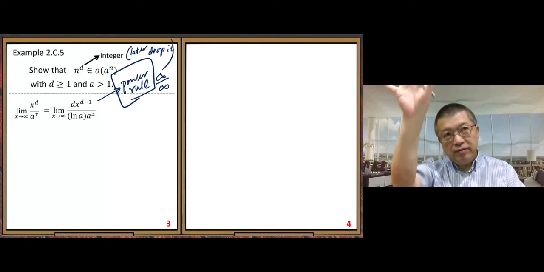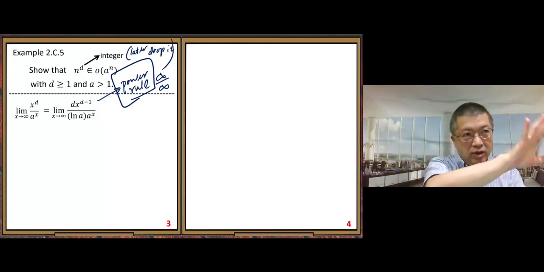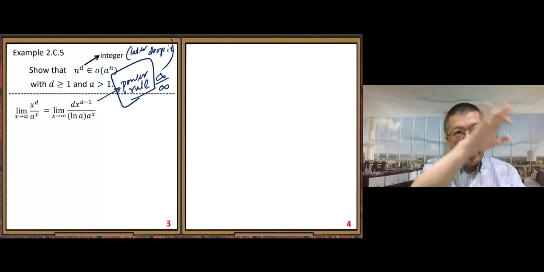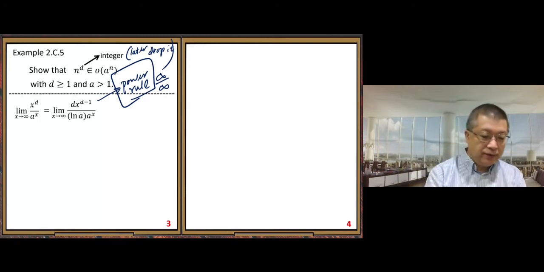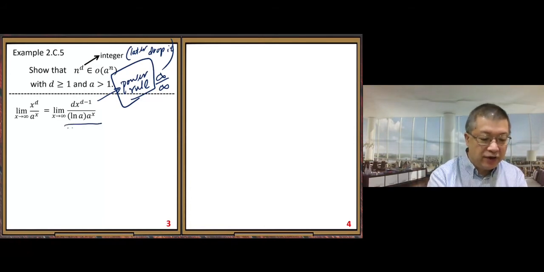We multiply by the constant d, the exponent number, and x to the power with the exponent reduced by 1. That's the power rule. And for the exponential function a to the x, its derivative is this one.